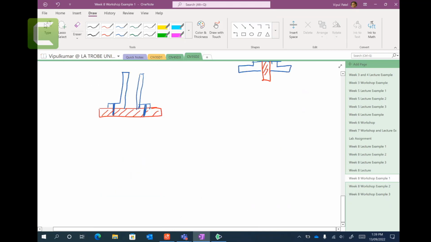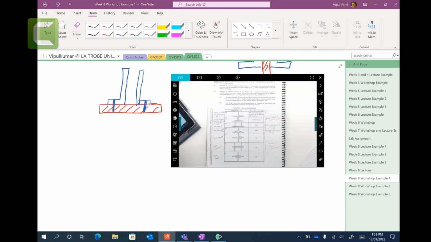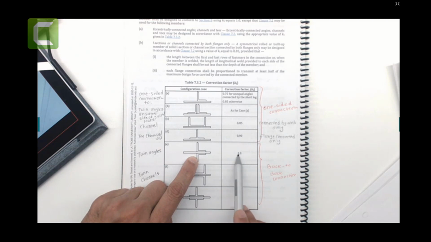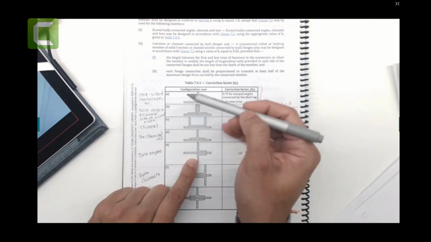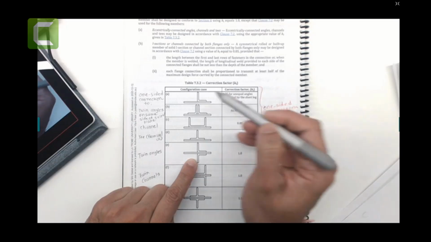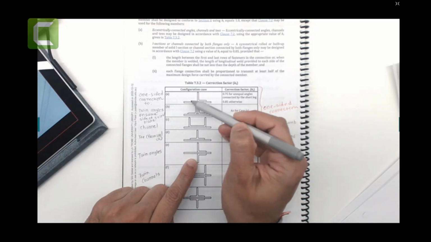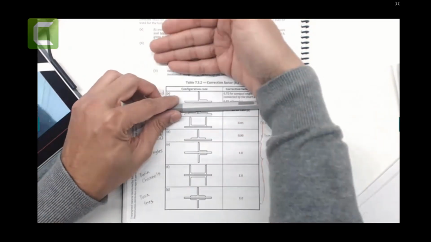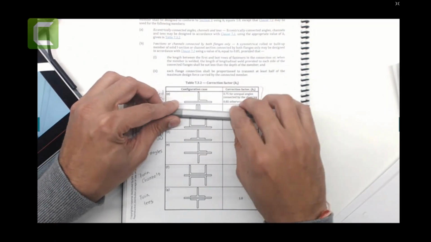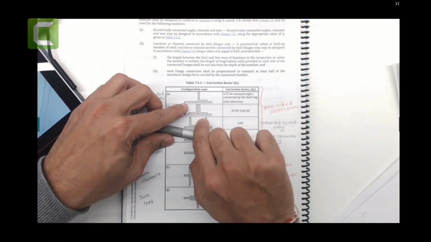Now in the lectures, as I mentioned, we use this one because we have gusset plates and we have back-to-back connections on those gusset plates. That is, we take it as one. Now in the workshop examples, we have the short legs because we have one-sided connections. This is the one gusset plate and all the connection is on one side of the gusset plate, right? In this gusset plate, you have two sides of the connection. In this gusset plate, you don't have anything here.